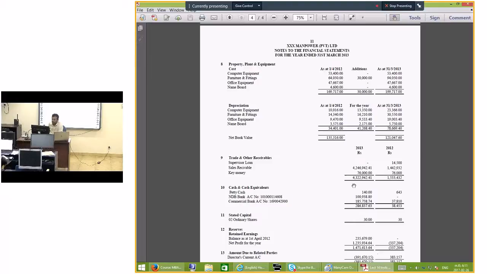If there is key money, there should be a rent expense for the year, but there is no rent here. For last year, rent expense is there, but sometimes you could say that over the last year they have not claimed the key money. No, it cannot be. It's another problem. You should claim the key money when you give up the rented premises. So there is a problem there.